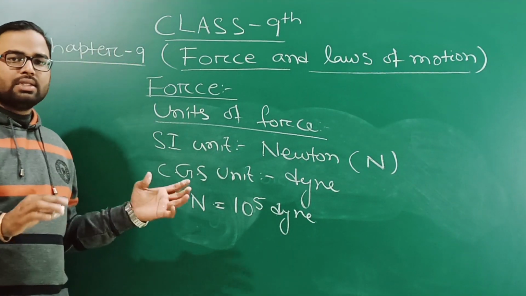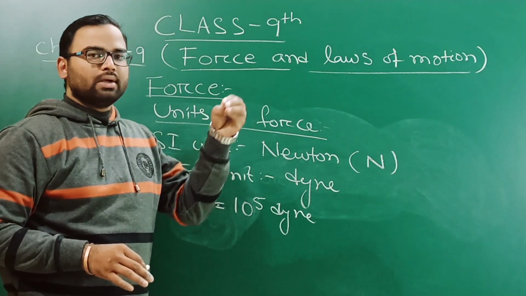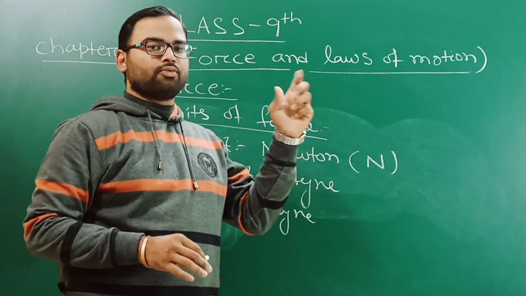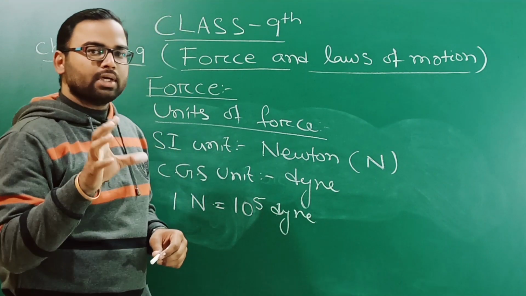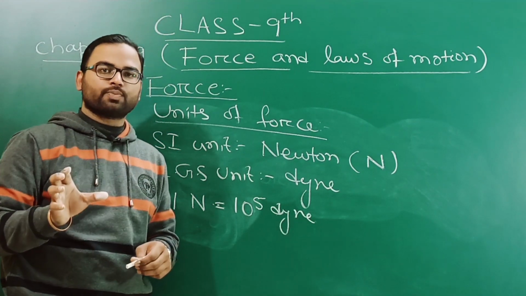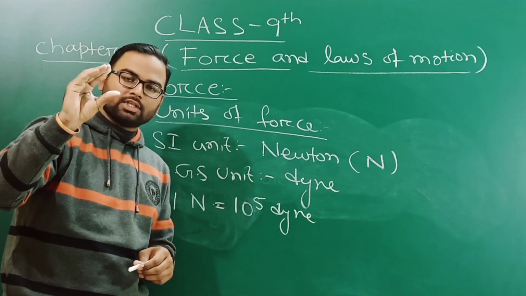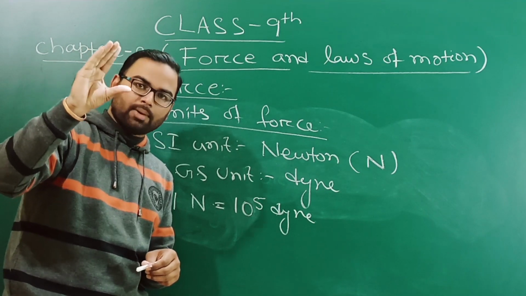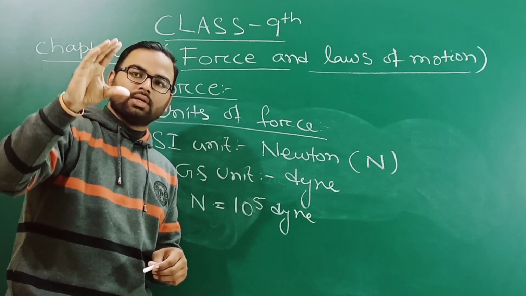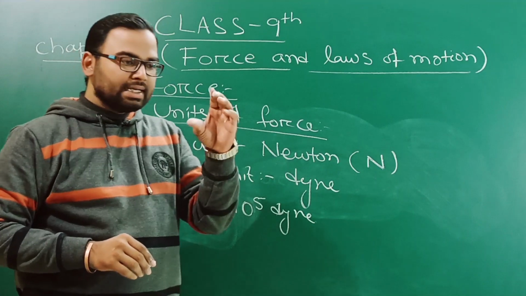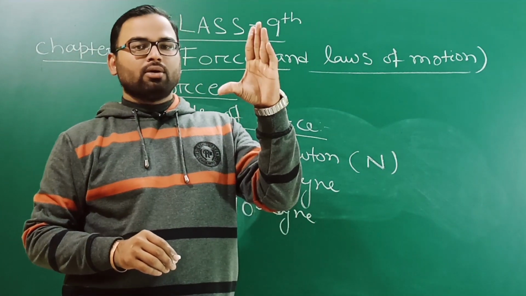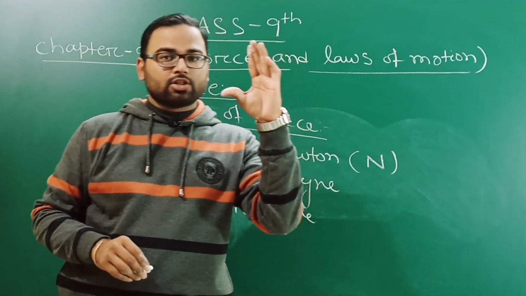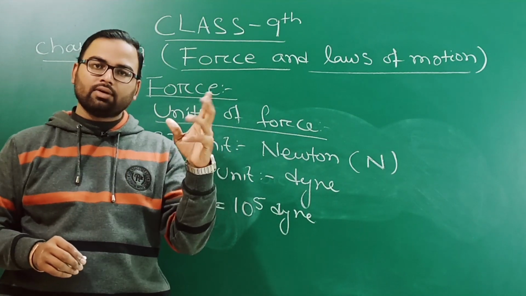So force can change the motion, direction and size of a body. If there is a sponge, do you know about a sponge? If I press the sponge, pressing means I am applying some force on the sponge, the size of the sponge decreases. If I pull my hands, then the size of the sponge will increase.